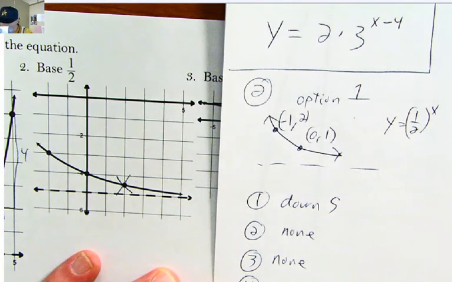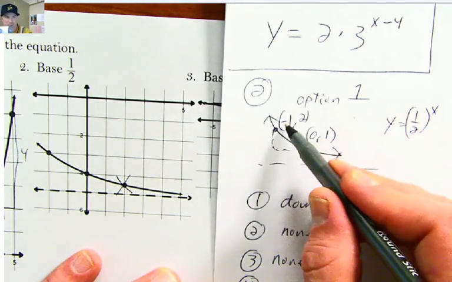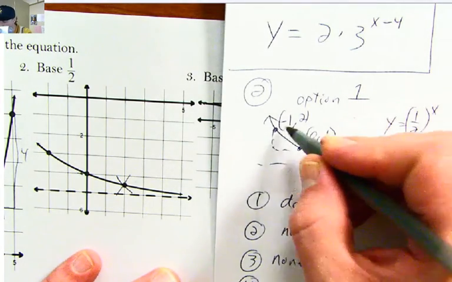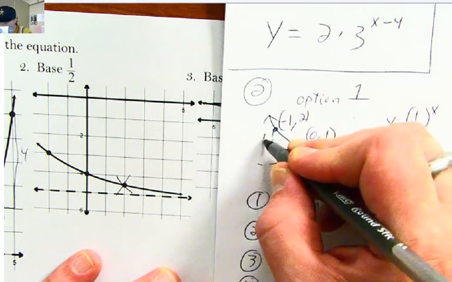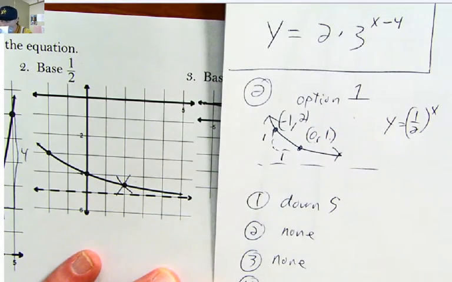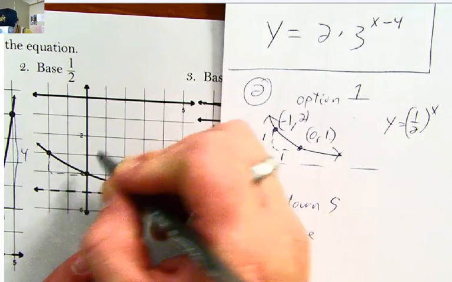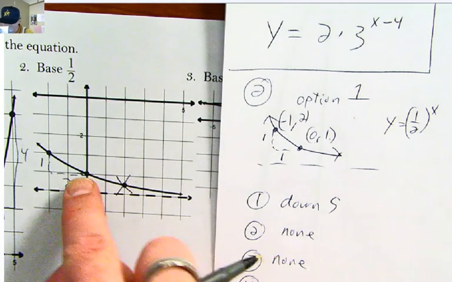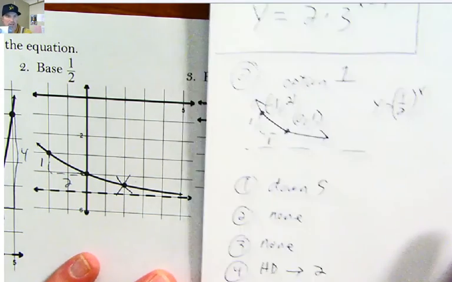And then number 4, dilations. To get from this point to this point, don't worry about the negative. Just think about how far you're traveling. 0 to -1 is a distance of 1. 1 to 2 is a distance of 1. That means 1 and 1. And in this particular case, it's going over 2 and up 1. So that looks like a horizontal dilation by a factor of 2, no vertical dilations.